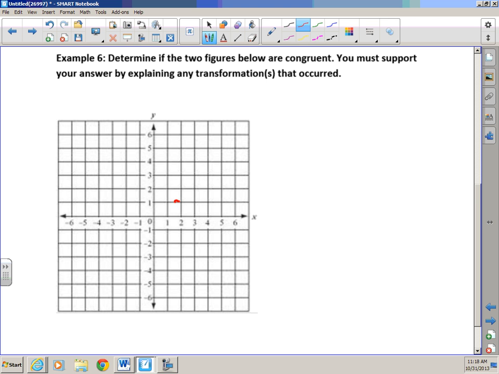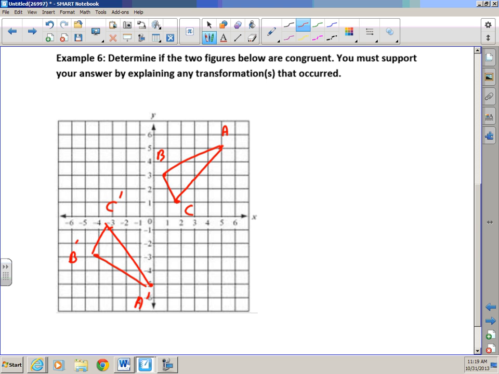So C is (2, 1), B is (1, 3), and A is (5, 5). So here's A, B, C, and then my primes, C prime, B prime, and A prime.